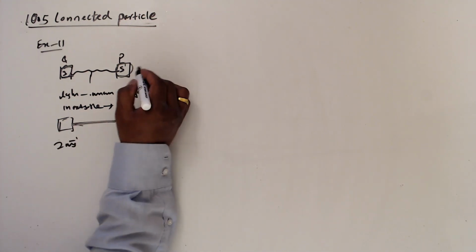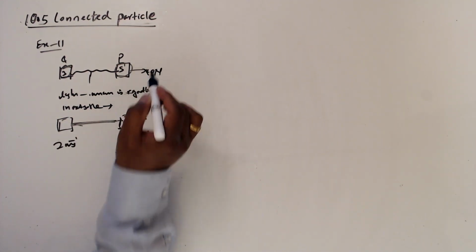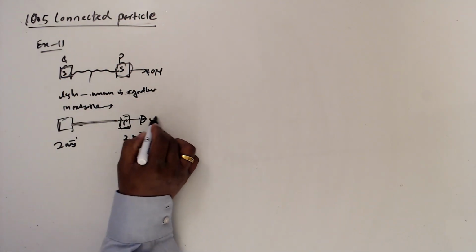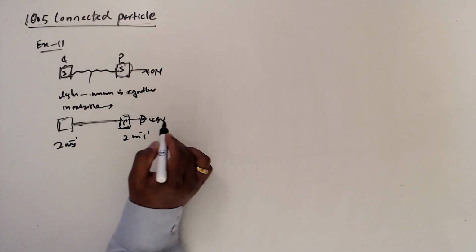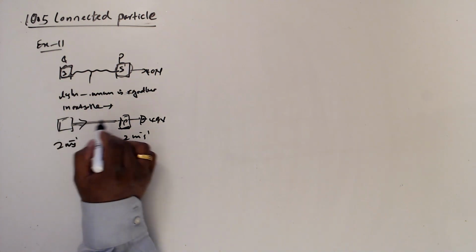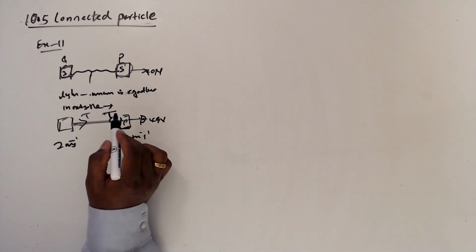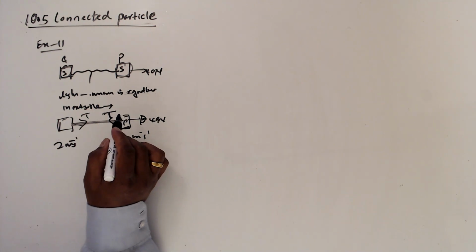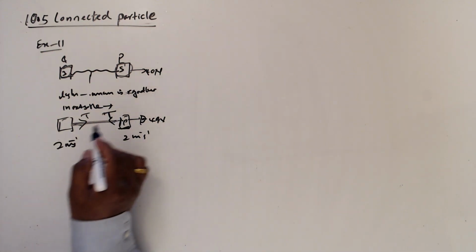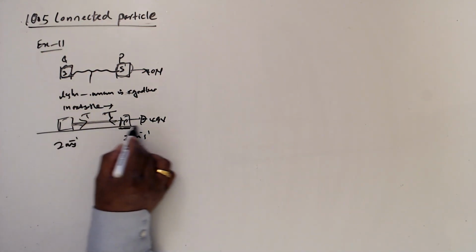So P is pulled by 40 Newton, and as a result there should be a tension on both sides, along the rough horizontal plane. It is kept on a rough horizontal plane.